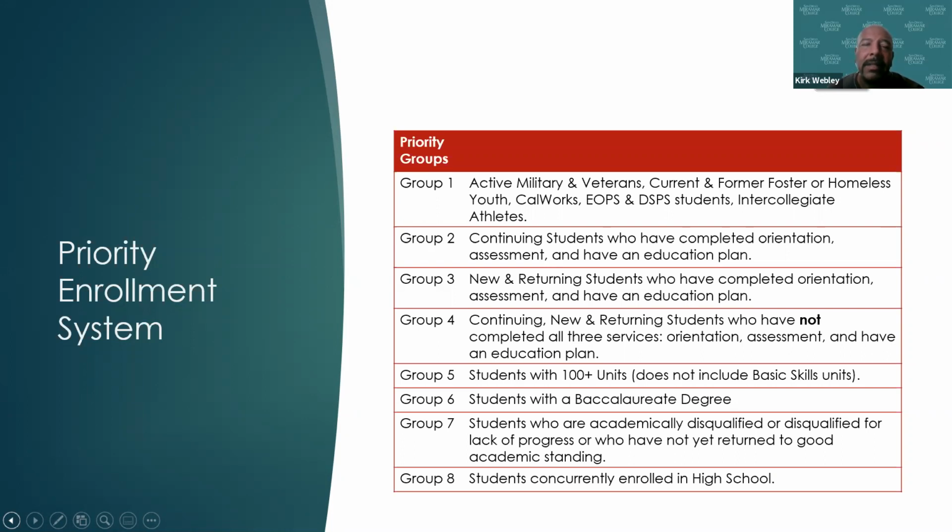There is some type of registration appointment sheet that may come out that identifies that. But between 1 and say 6, it can probably be close to the last couple of days of priority registration.